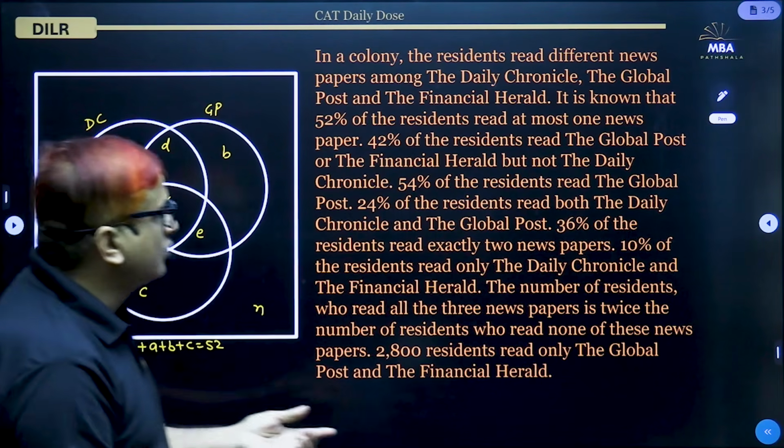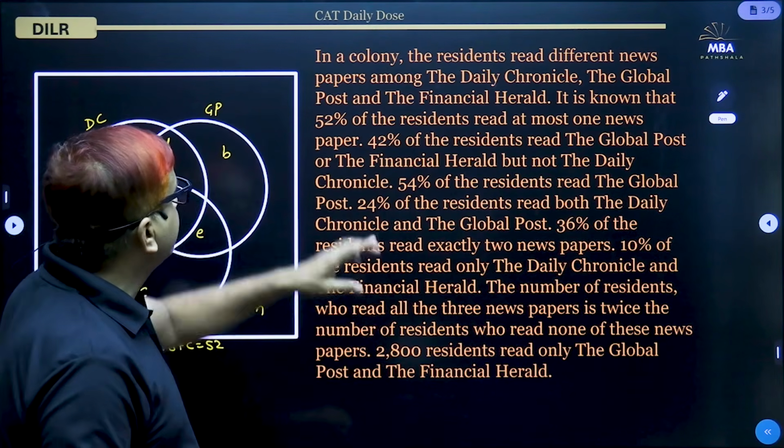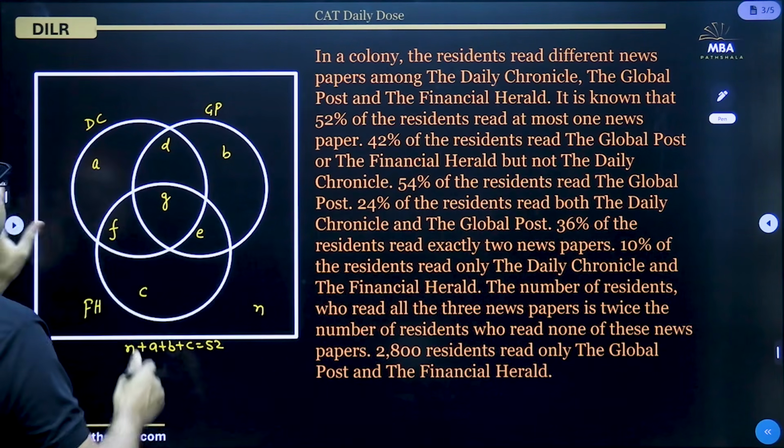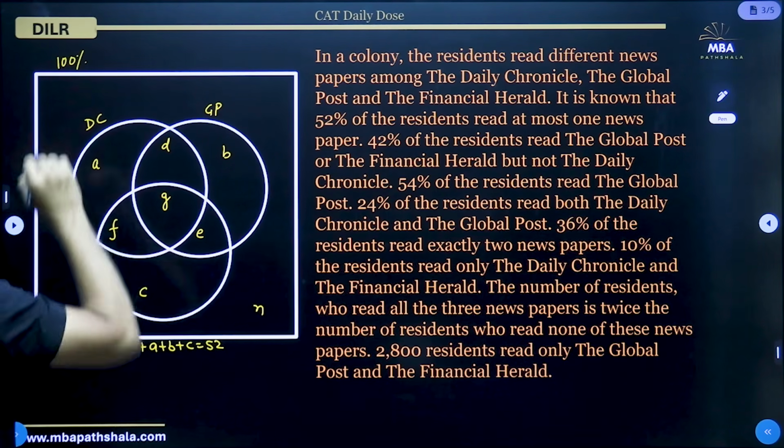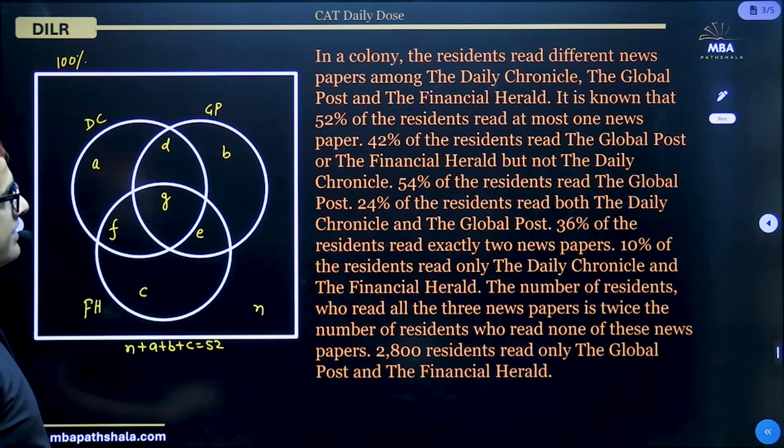Here we are ignoring this 2800 right now and taking all the things in terms of percentage. That's why the total we should take as 100% right now. So that will be 52 itself.